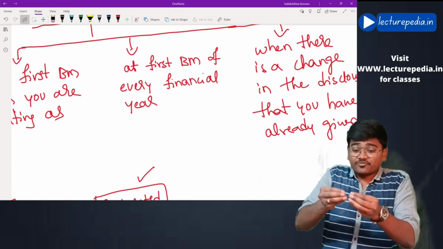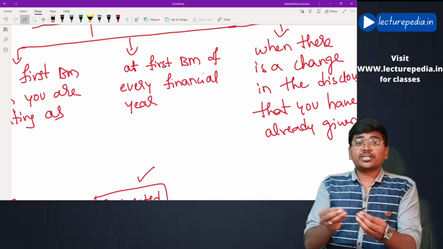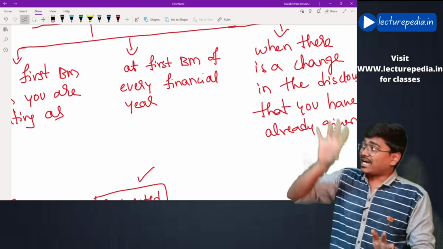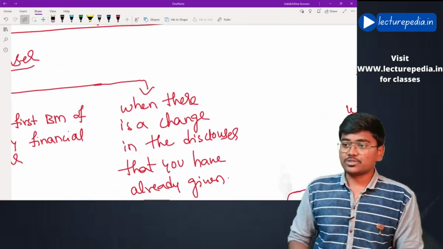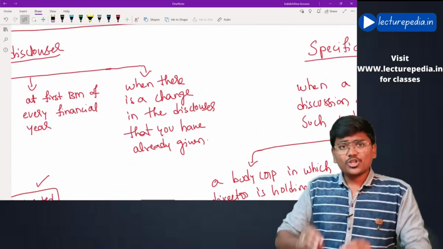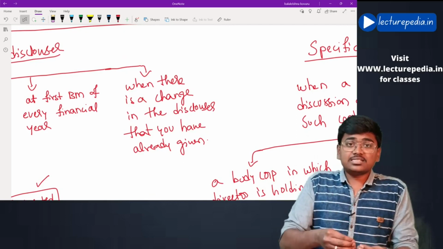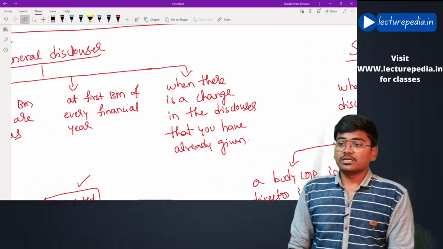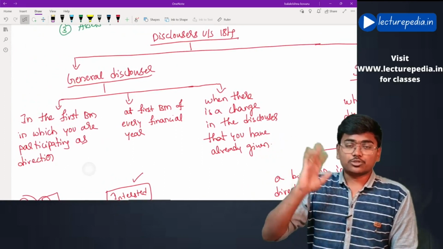In such first board meeting also, the director must give his general disclosure of his interest in other companies and other entities. That is the second situation. Third situation, whenever there is a change in his interest, such a change has to be disclosed to the company. These are the 3 situations in which general disclosure has to be given.